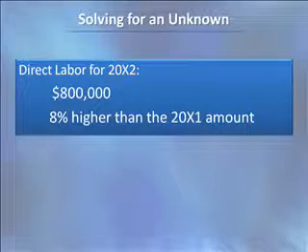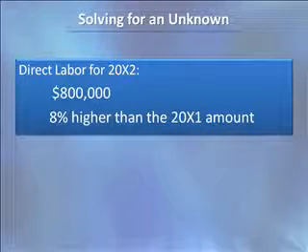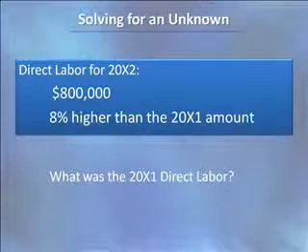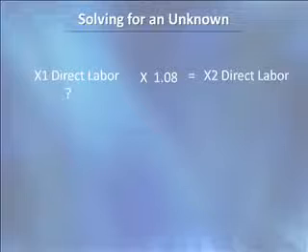Now let's solve for an unknown. Direct labor for X2 is $800,000. This is 8% higher than the X1 amount. What was the X1 direct labor? X1 direct labor is the unknown. We multiply that by 1 plus the increase, 1.08, and that equals the X2 direct labor amount.